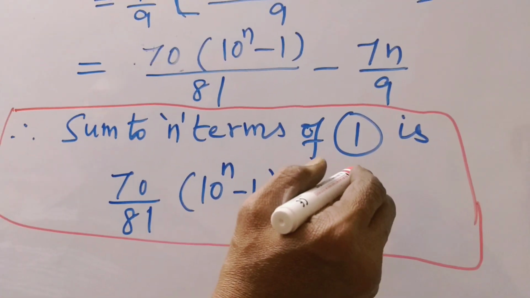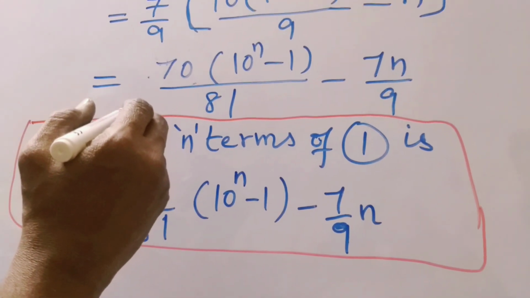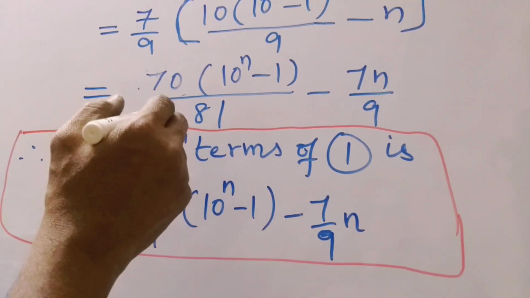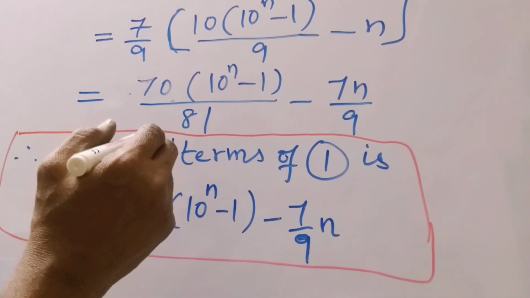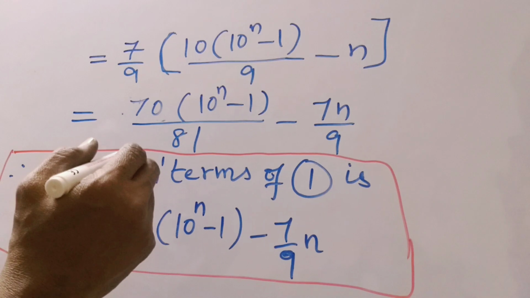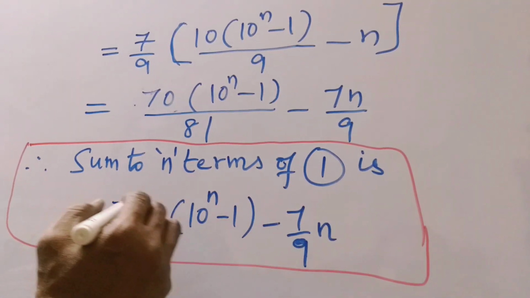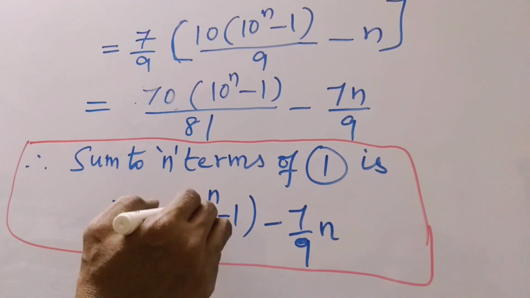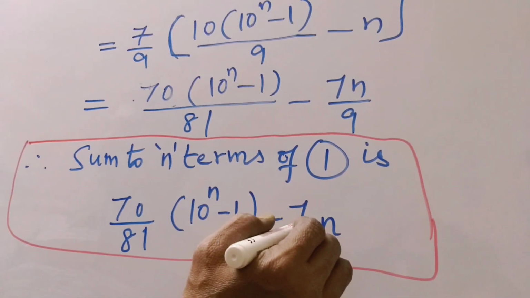This is the required answer. Now we have found the sum to n terms of the given series 7 plus 77 plus 777 plus and so on up to n terms. The answer is 70 by 81 of 10 to the power of n minus 1, minus 7 by 9 n.